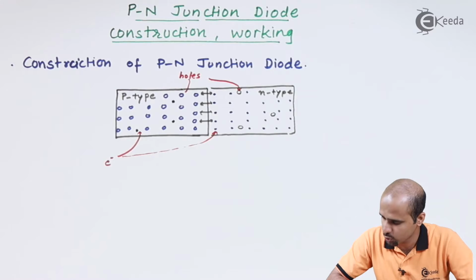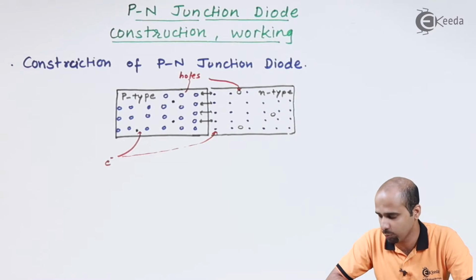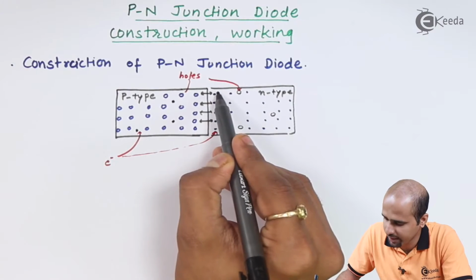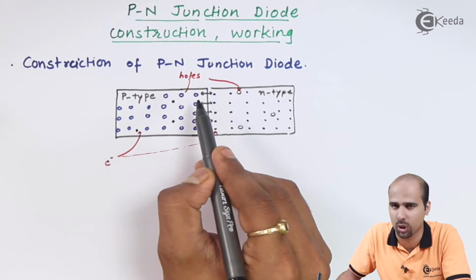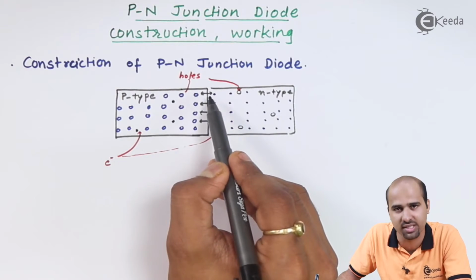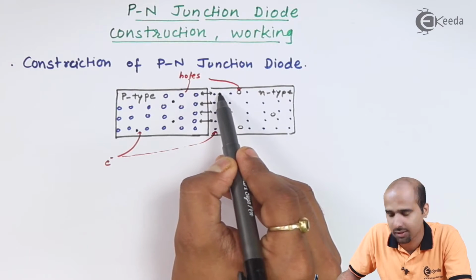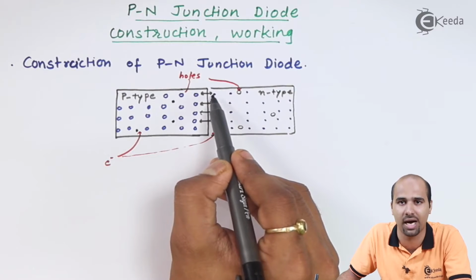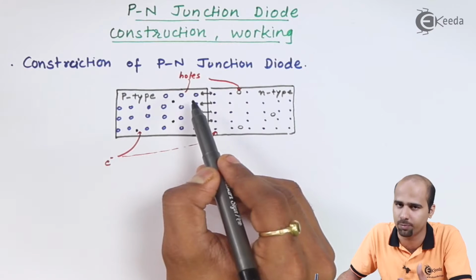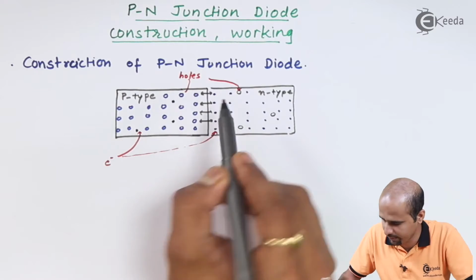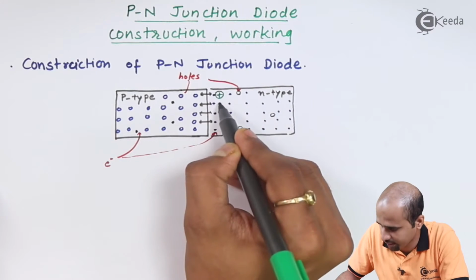And what will happen after recombination? When electrons move from the N type to the P type substrate, here I will be getting one ion. The atom is converted into an ion. This is because one electron has left that atom, and due to that I will be having one positively charged ion, because it gave up an electron, so the dominance is in the form of positive charge. So we will be getting one extra positively charged ion.